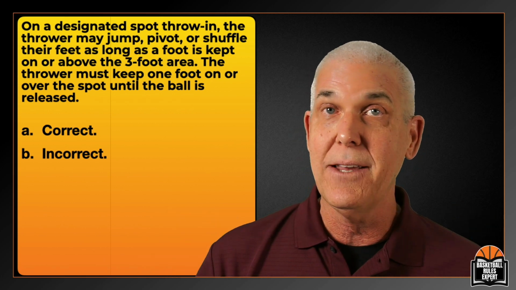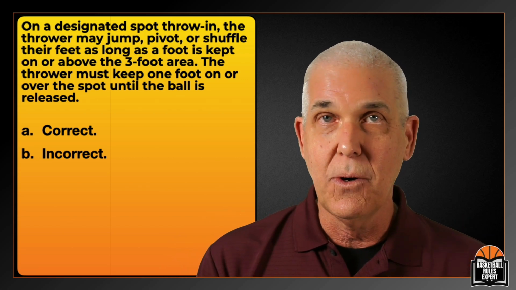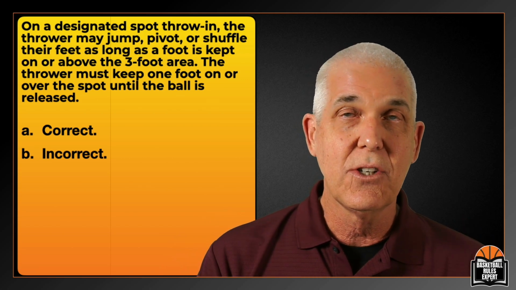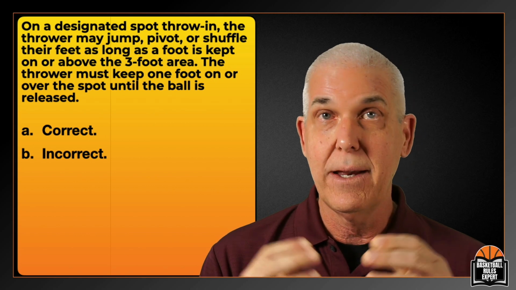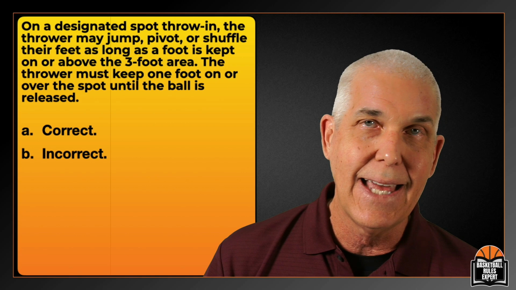During a designated spot throw-in, of which there are many in the normal high school basketball game, what are the restrictions on the thrower, right? We need to know all of the restrictions so that we can identify something that is illegal. There's many misconceptions about what is illegal and legal for a thrower, but the fundamental in terms of their placement on the court is they must keep one of their feet above the designated spot.